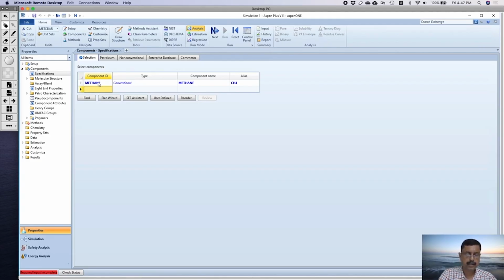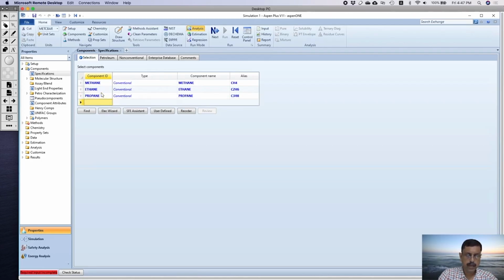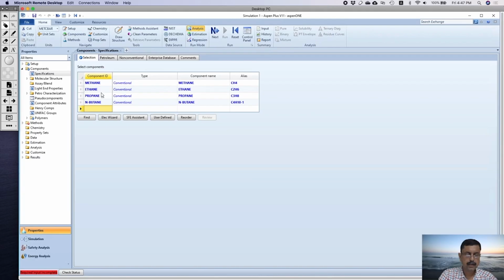So methane it will understand, ethane it will understand, propane also it will understand, N-butane, very common, but cyclohexane it may not, because it has a very limited number of characters, only 7 letters are available for defining your component ID. So cyclohexane it may not understand what it is.